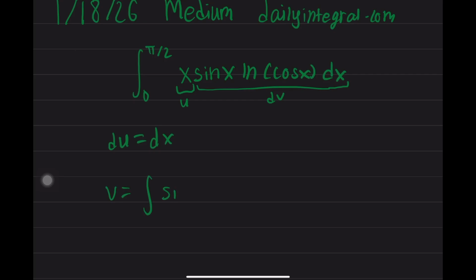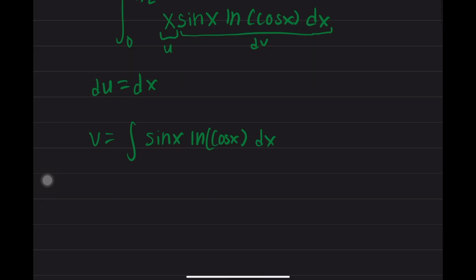We'll take the integral of sine x ln of cosine of x dx. So we'll let t equal cosine of x, dt is equal to negative sine x dx. So this gives us negative ln of t dt.